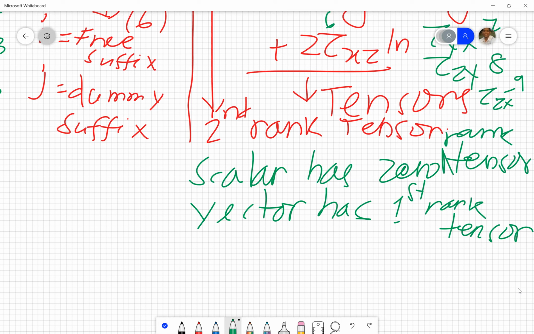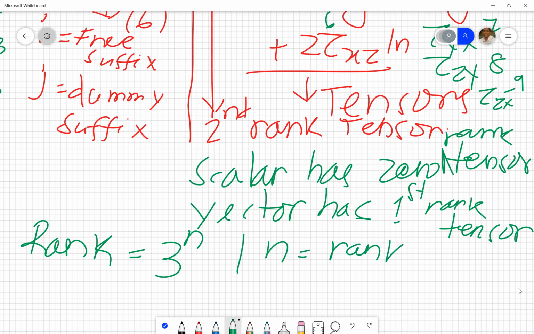So how can we represent the rank of a tensor? The rank of the tensor is simply represented by 3 to the power n, where n is the rank. Put n equal to 1: the total quantity we require is 3. That means a vector is a first rank tensor.